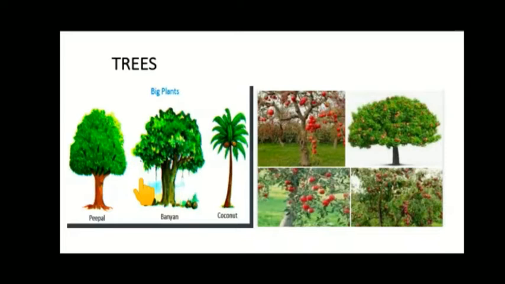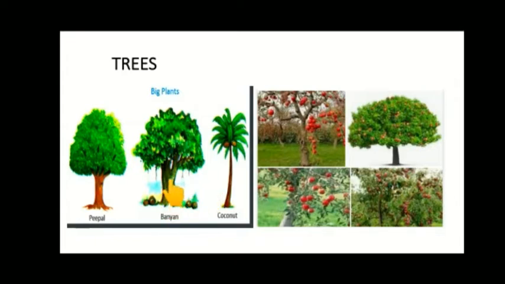Look at some trees. I gave some examples: peepal tree, banyan tree, coconut tree. Tall, big, strong plants are called trees. Trees have a strong stem. Look, this is a strong stem.